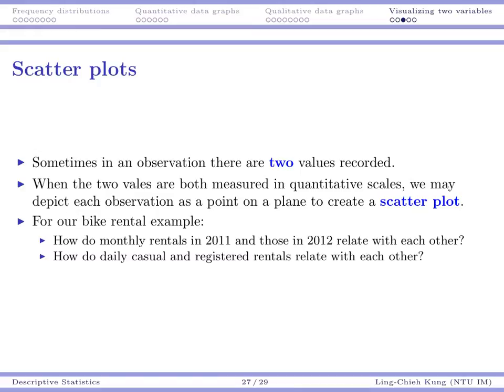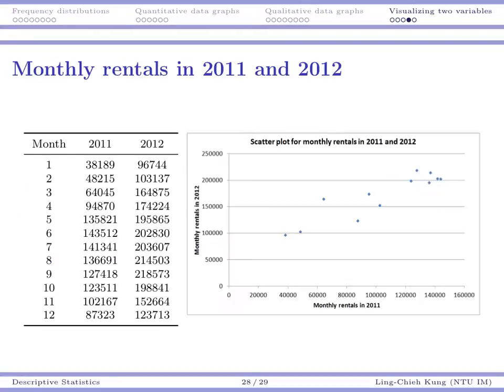Some typical questions we want to ask is, for example, for casual and registered rentals, is it the case that when one goes up, the other also goes up? Or is it the other way? So we want to ask whether they are roughly proportional to each other, or whether when one goes up, the other goes down. With a scatter plot, we can answer this question.